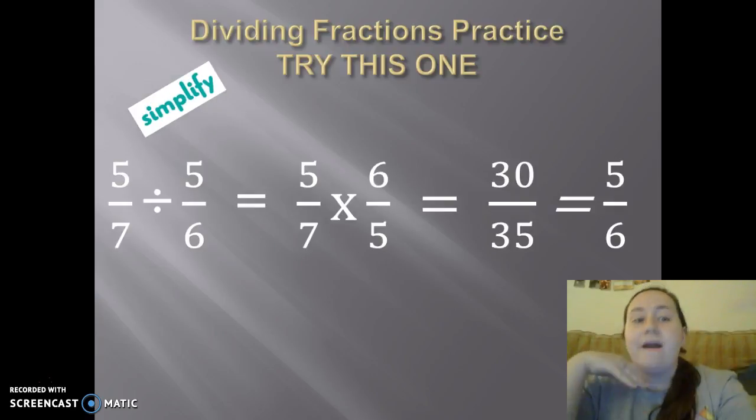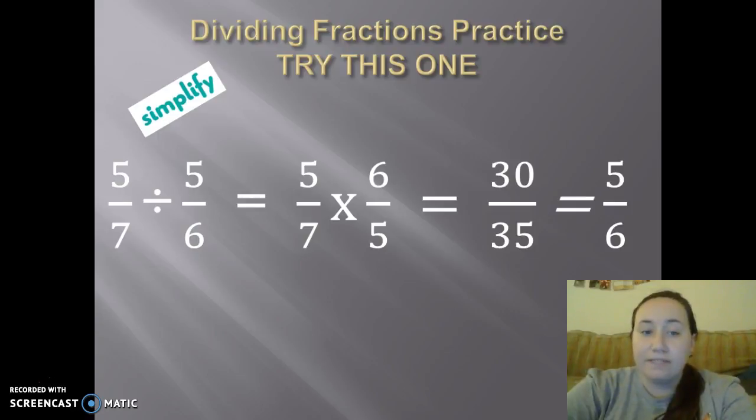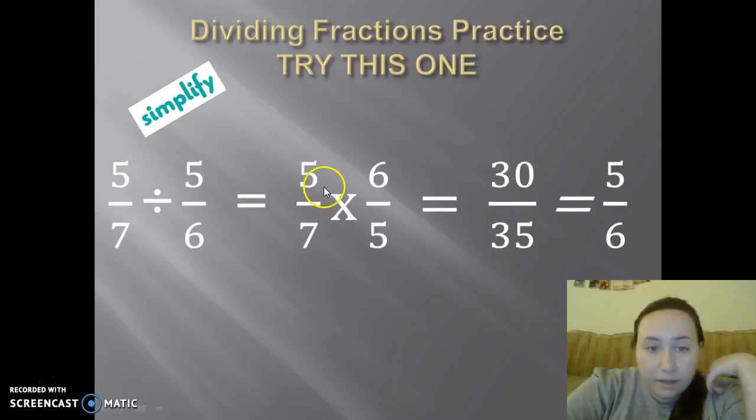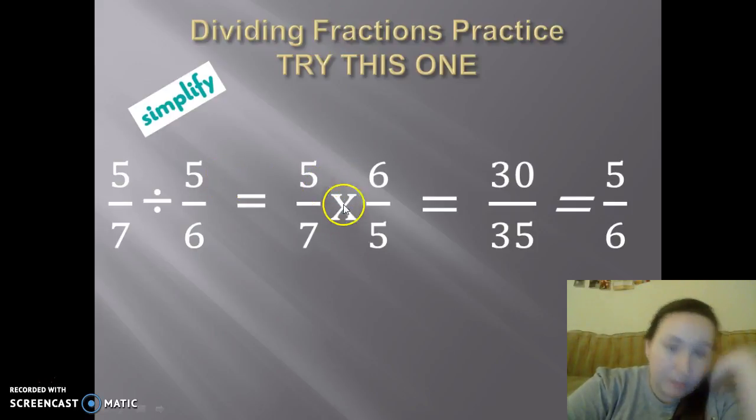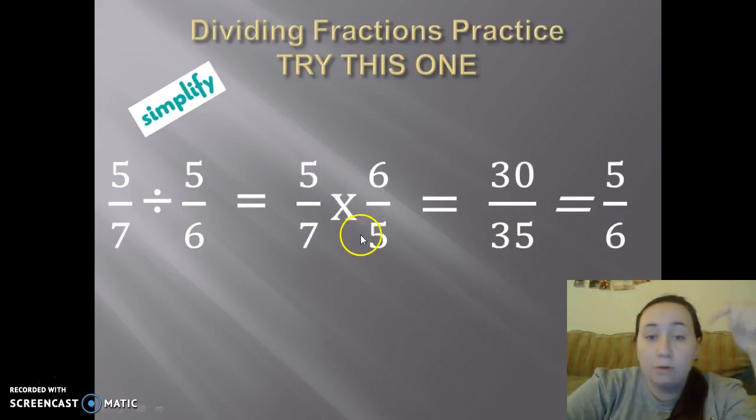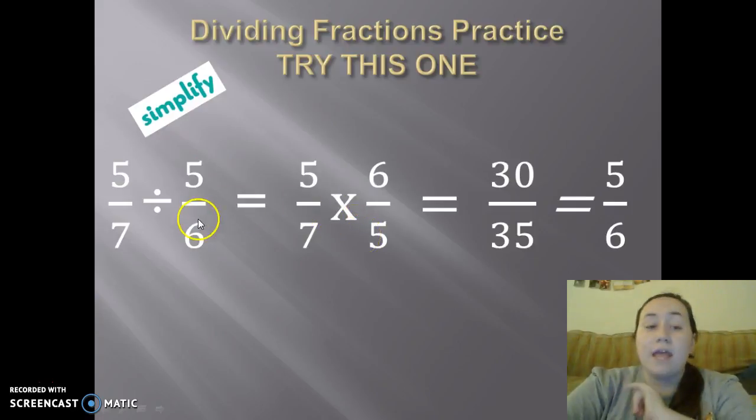So 5/7 divided by 5/6. All right, when we leave the first fraction, it becomes 5/7. Okay, because we just left it. And then it's times, because we changed the division sign to a multiplication sign. Okay, and then this 5/6 right here became 6/5 because it's the reciprocal.